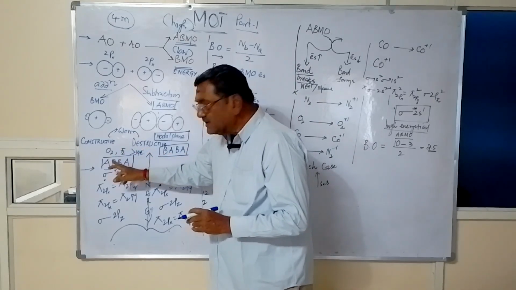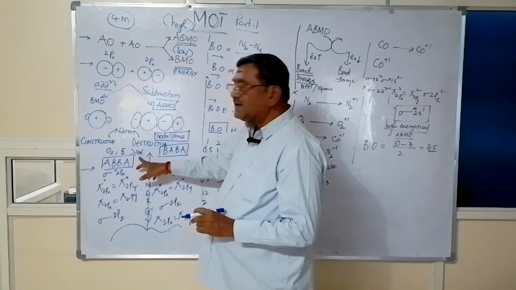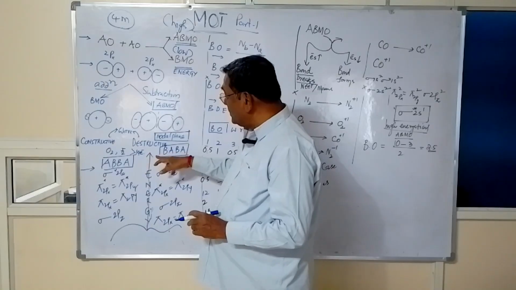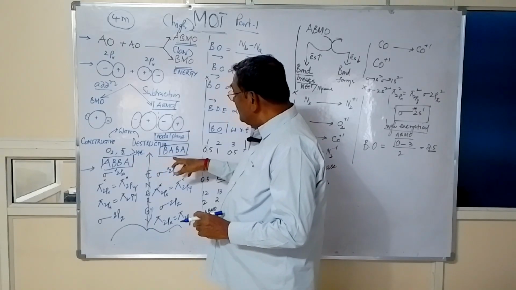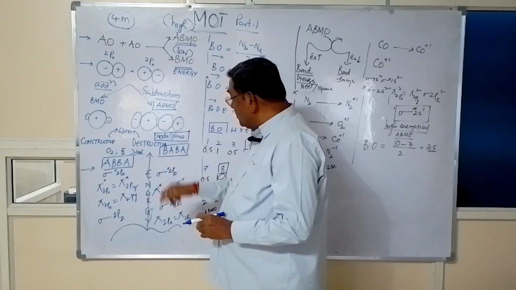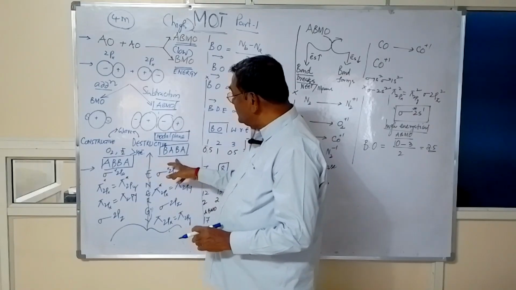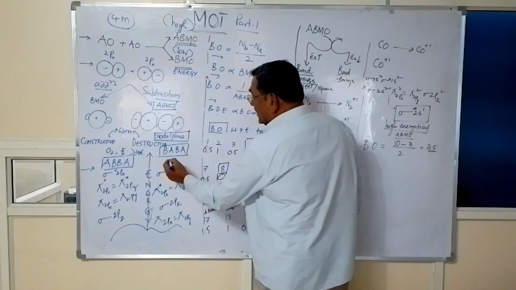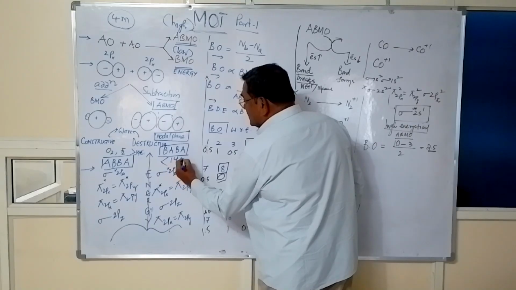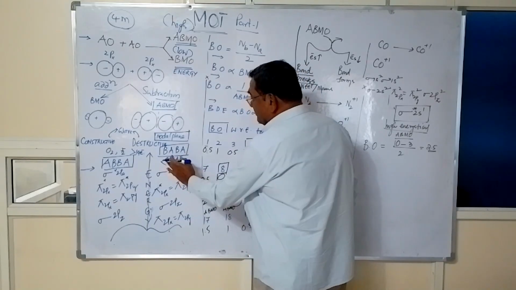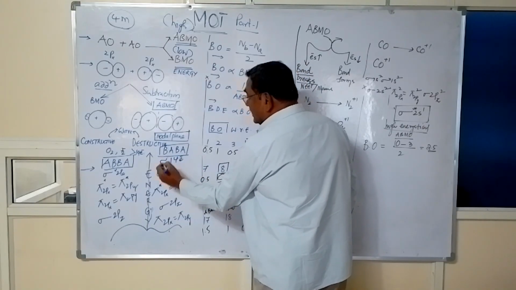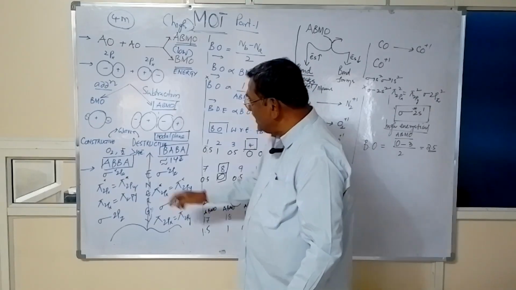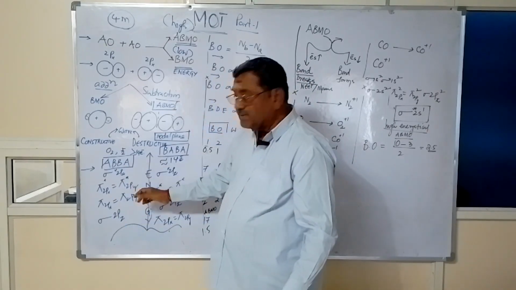Basically, I am doing the systems with greater than 14 electrons, like oxygen and fluorine, and systems with 14 electrons and below 14 electrons. We use the simplest way to remember these things.